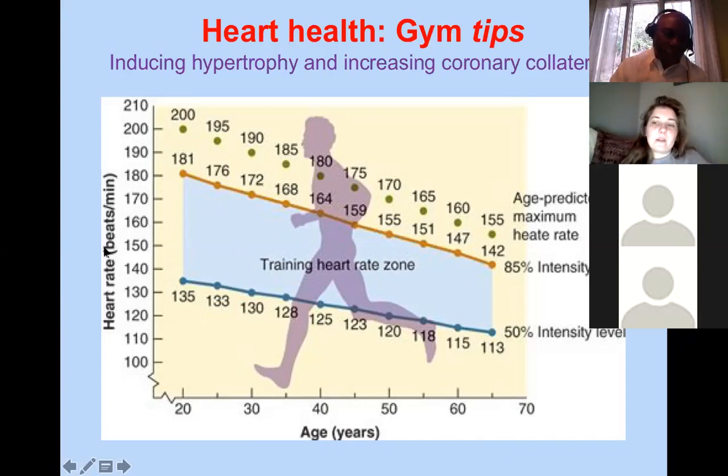So this is the heart rate, beats per minute here. And then this is the age. Let me just move this. Can you see the age? Can you guys see the age here?